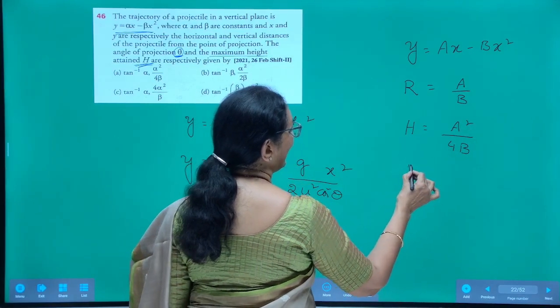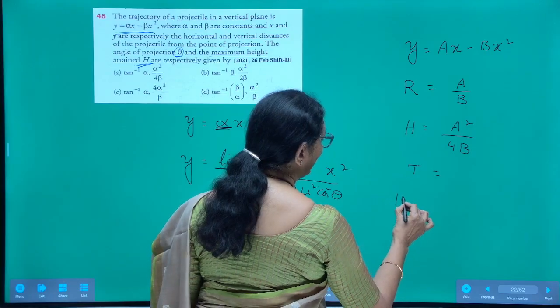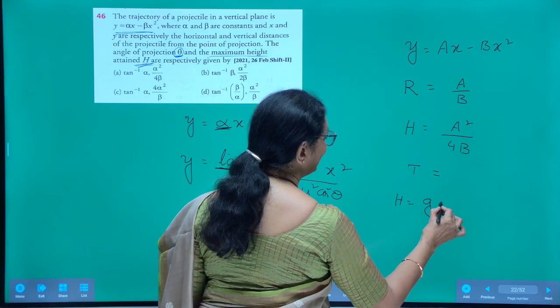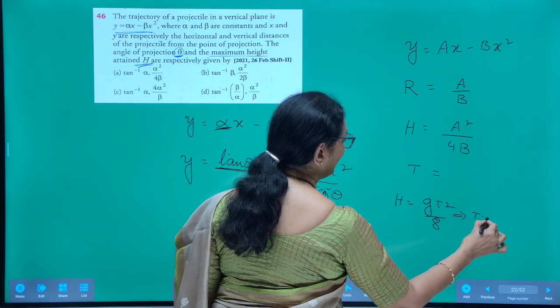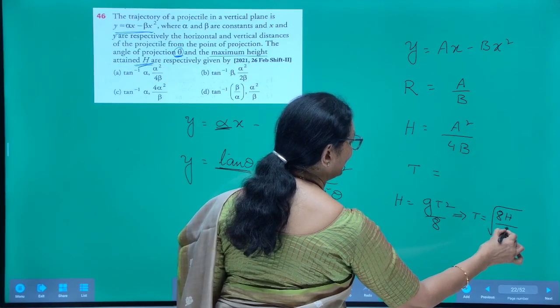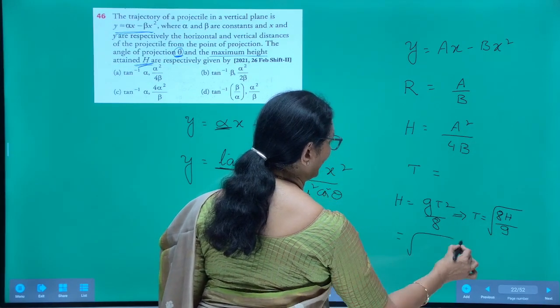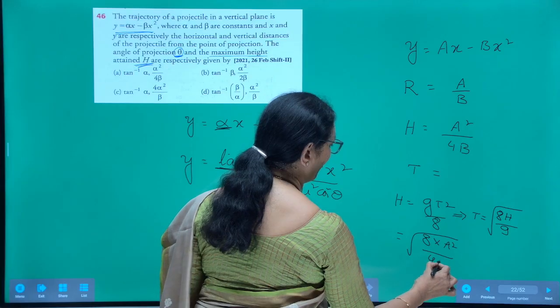And the time of flight relation also we have derived. Actually, h is equal to gt square by 8, which implies t is equal to square root of 8h by g, that is square root of 8 a square by 4b.